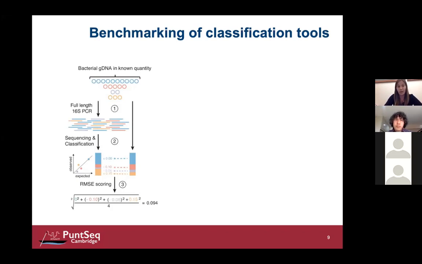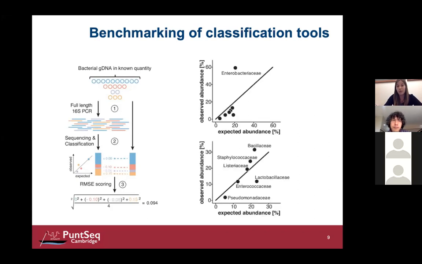To show you an example of one classification tool, I'm showing the Minimap2 tool here again. What we get at the top here is that we can plot the observed abundance versus the expected abundance of the bacterial species.